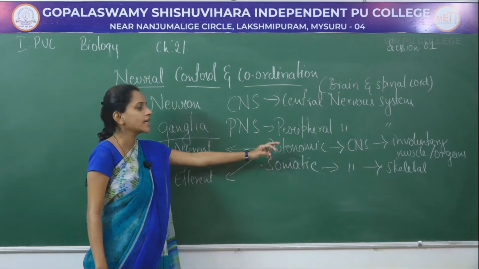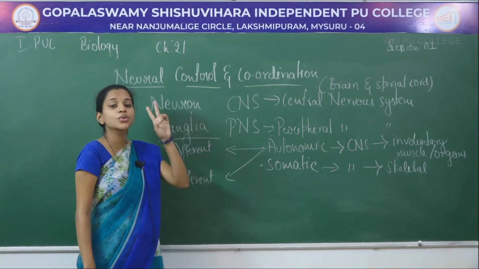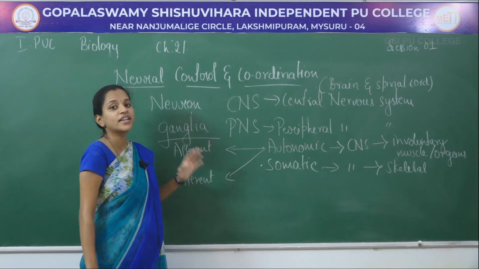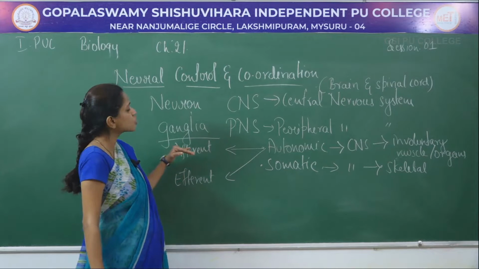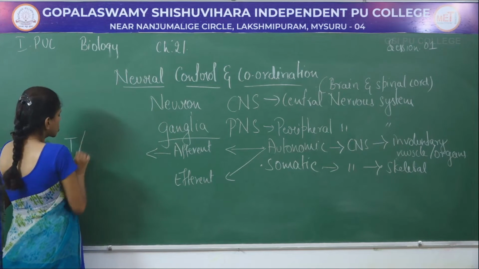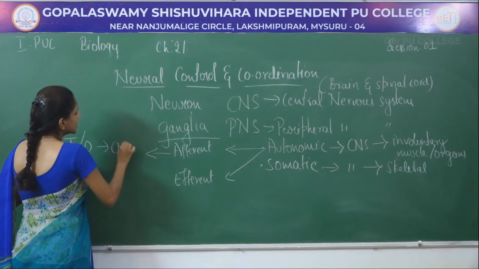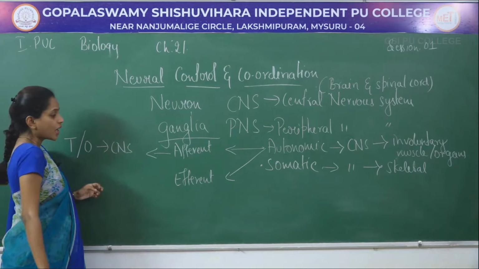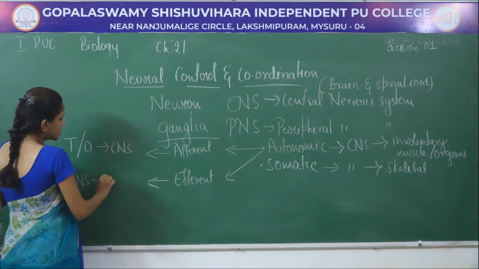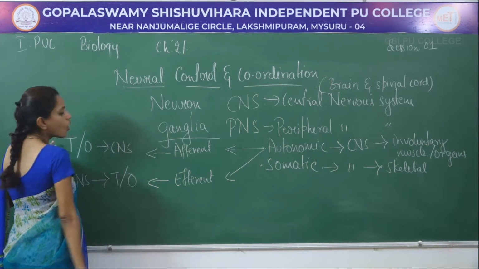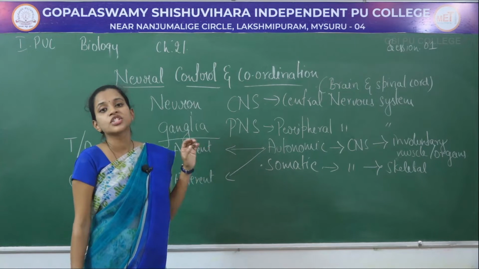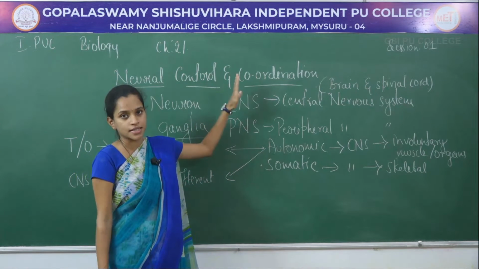When it comes to the afferent nerve fiber, it transmits the impulse from tissue or organ into the central nervous system, whereas the efferent transfers the impulse from the central nervous system to tissue or organs. So, that is about the different parts which come under the human nervous system.